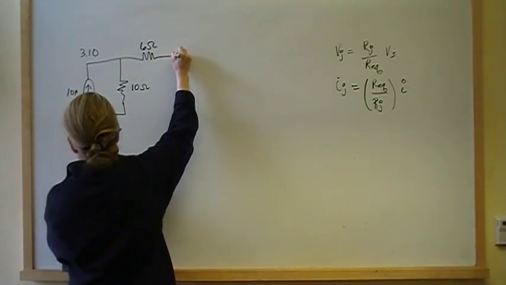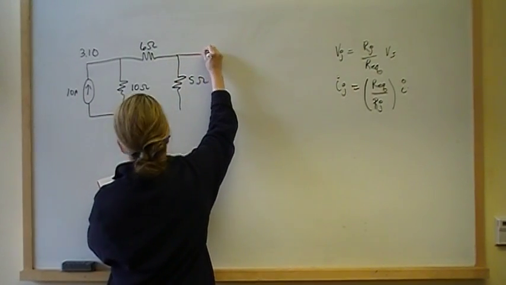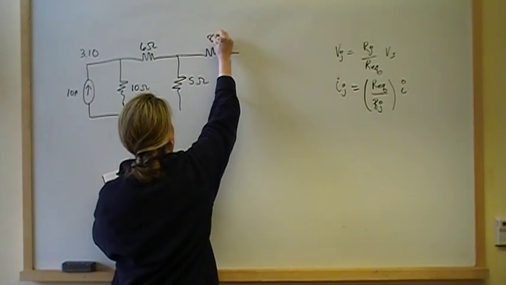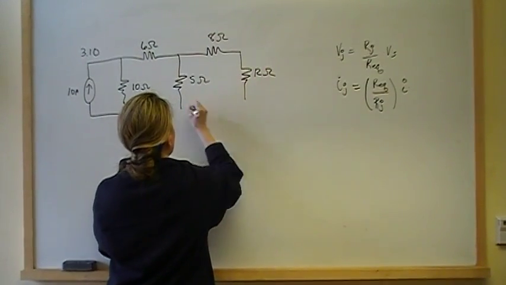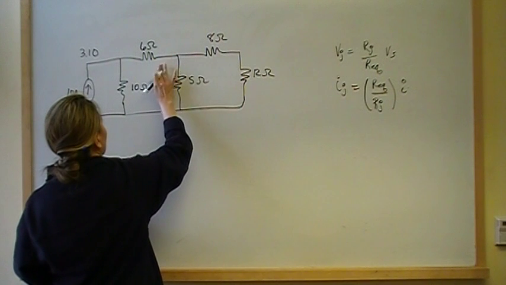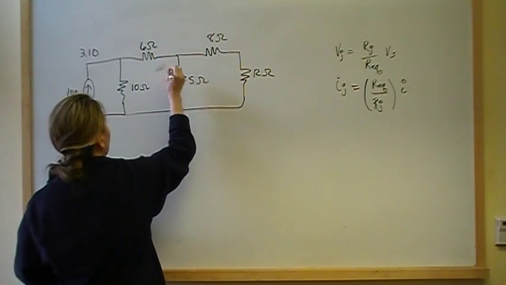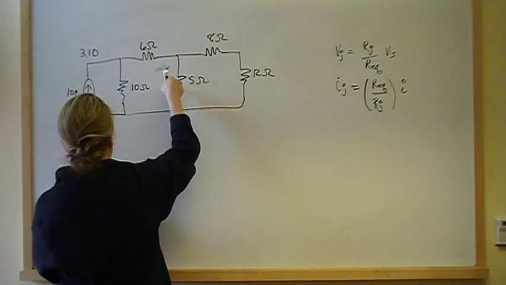Ohms are here, 5 ohms, 8 ohms, 12 ohms, and we are asked to find what is the power. We're asked to find the power across here.